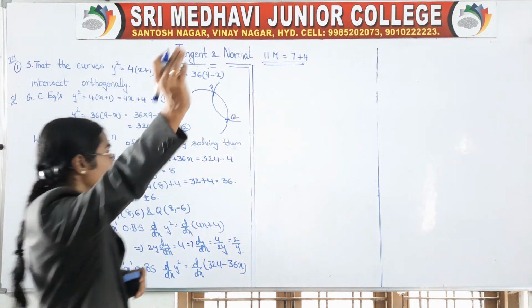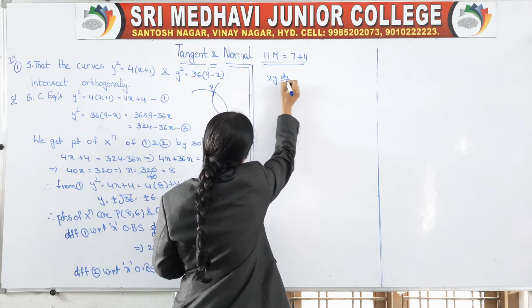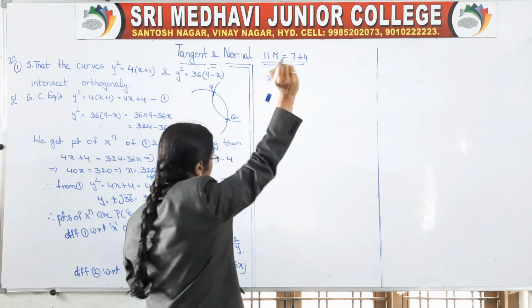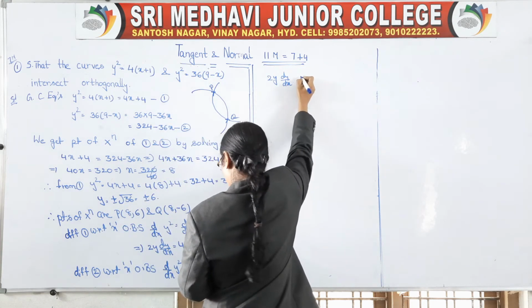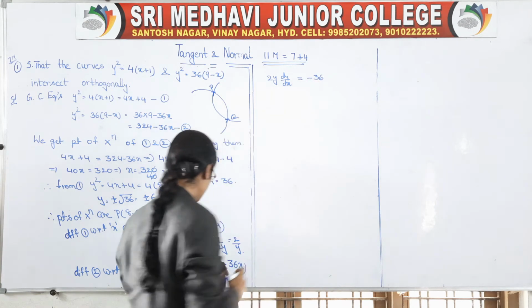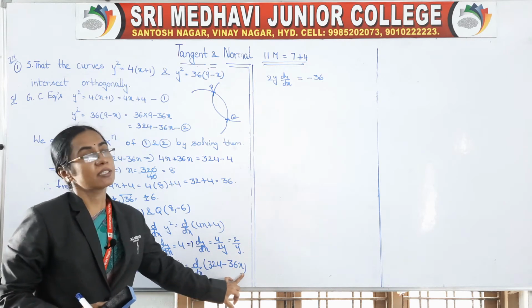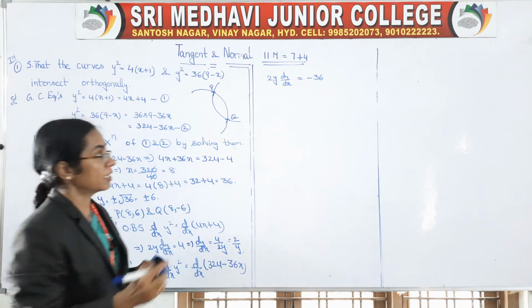Then you will have 2y dy by dx is equal to minus 36. d by dx of a constant is 0, d by dx of minus 36x is minus 36.